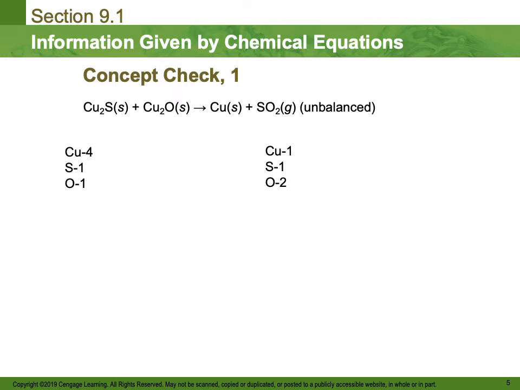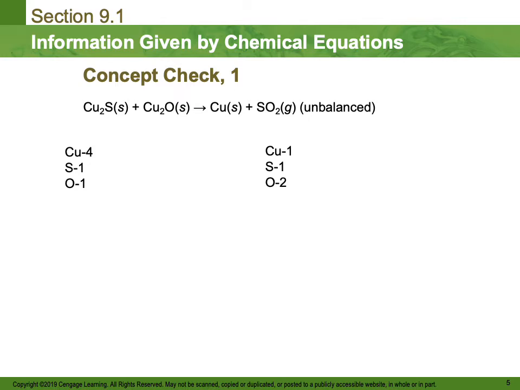Since copper is all by itself over here, but it's in both of my reactants, I'm going to leave it to balance last, because anytime I change anything over on the reactant side, I will be changing copper as well. So I might as well leave copper till the end, because then I can fix everything with just one number. So I look at my other 2 elements.